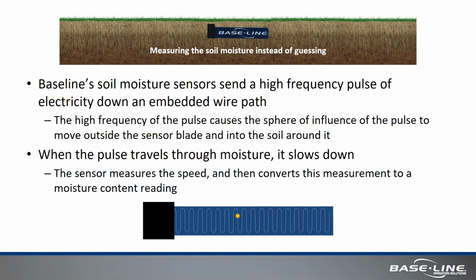And when the soil is dry, that signal travels faster, because that pulse of electricity through capacitance gets into the surrounding soil profile where that sensor is buried. And we're able to put that information into an algorithm that gives us an accurate and repeatable real-time measurement of that moisture content in that soil profile.